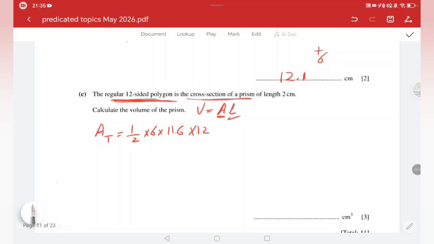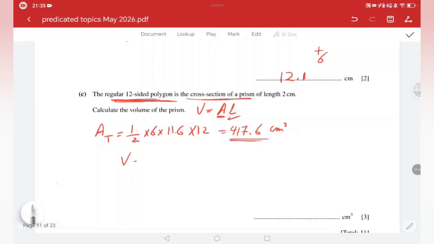So it will be 3 times 11.6 times 12. The answer of this is 417.6 centimeters squared. So this is the area.